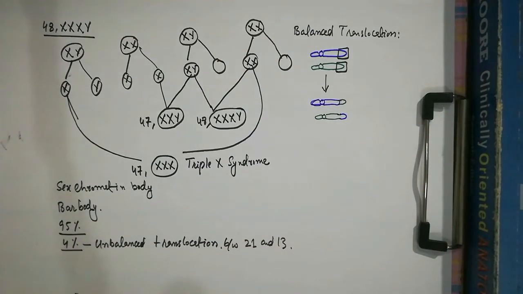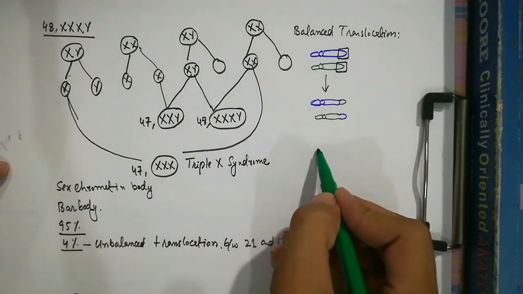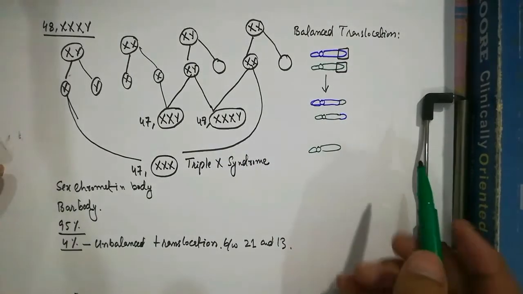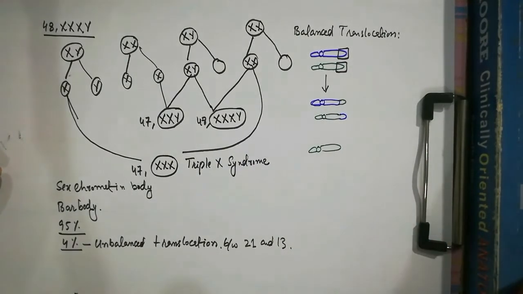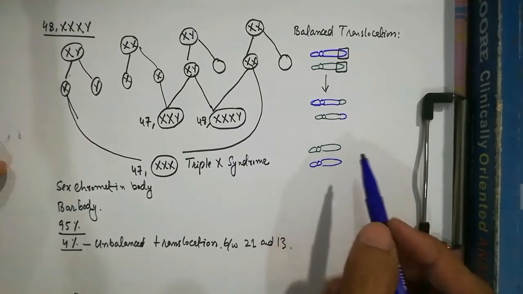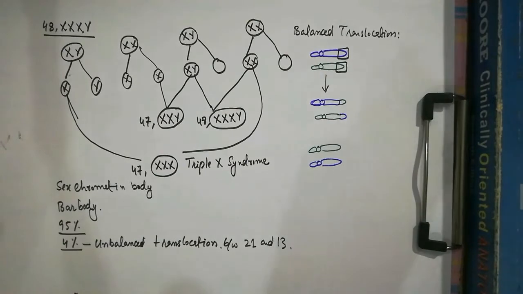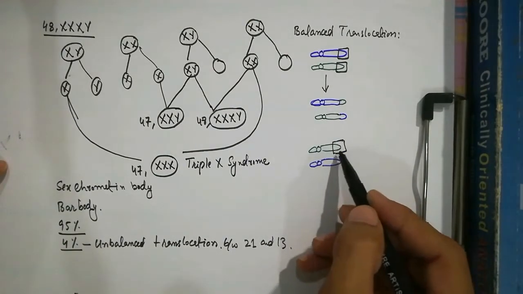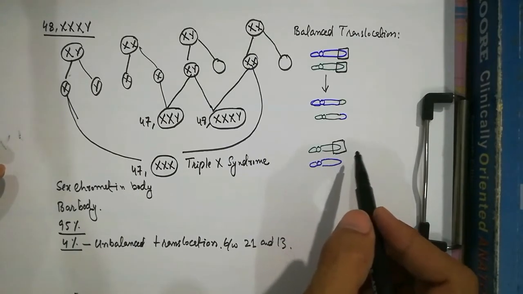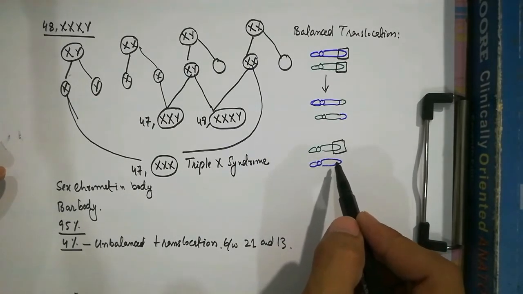If a piece of a single chromosome is lost and is attached to another chromosome, suppose this is a chromosome and this is another chromosome, a part of a single chromosome is lost. Suppose this part of this chromosome breaks and is attached with this chromosome.